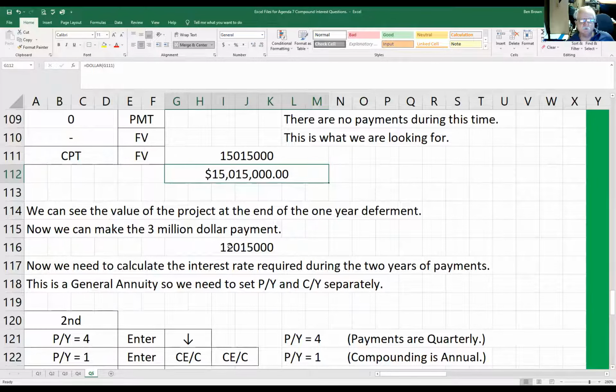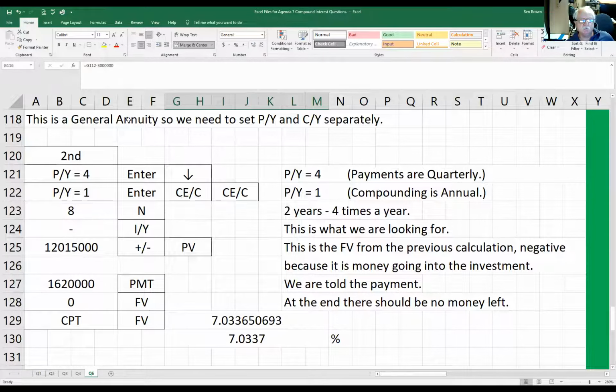Now, for the second time period, we have to set PY and CY separately because it's a general annuity. So PY equals 4, CY equals 1. It's for 2 years, 4 times a year, so N is 8. We don't know the IY, that's what we're solving for.